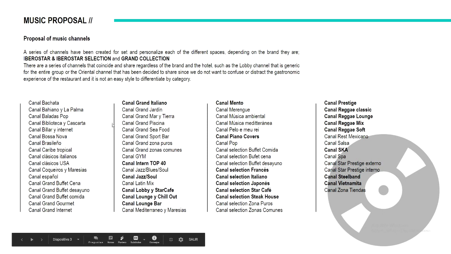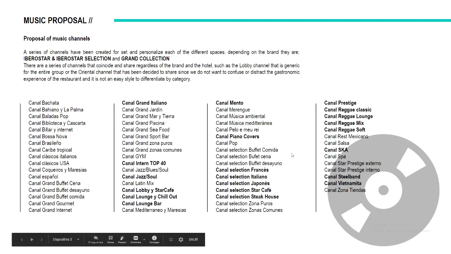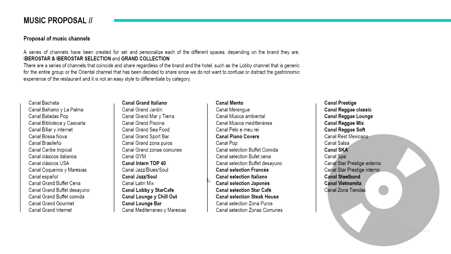And I should explain that this list can be changed. The content of this list can be changed in terms of artists, music, and rhythms. So if we don't like something that is already on the channel, we can change it. The only thing we need to do is send an email to Xenox.